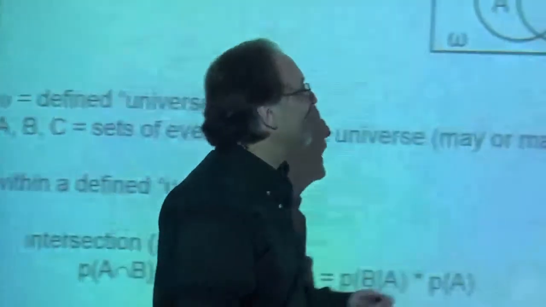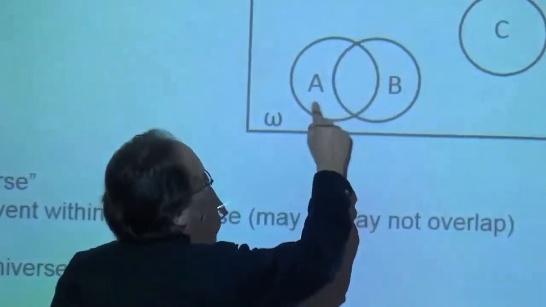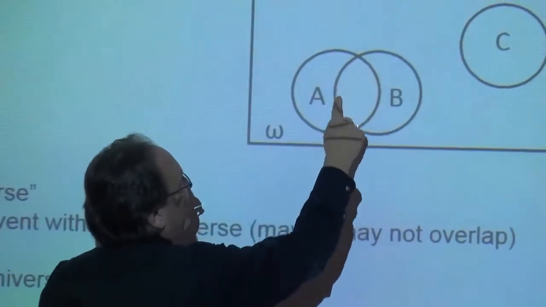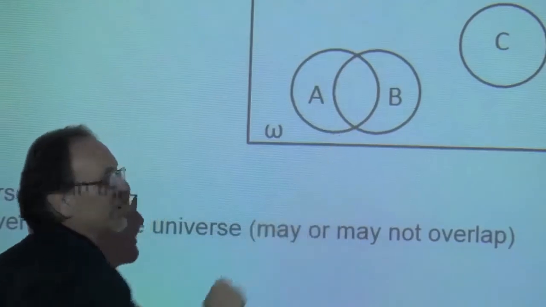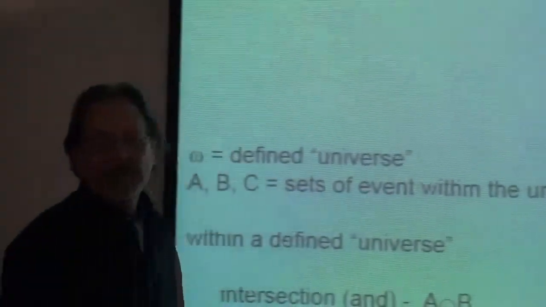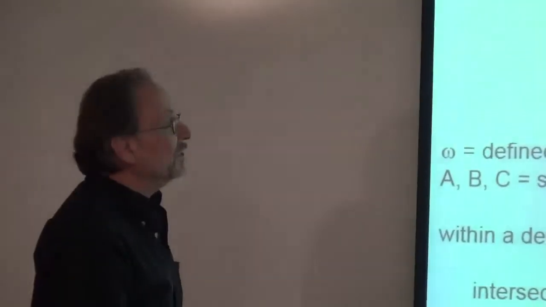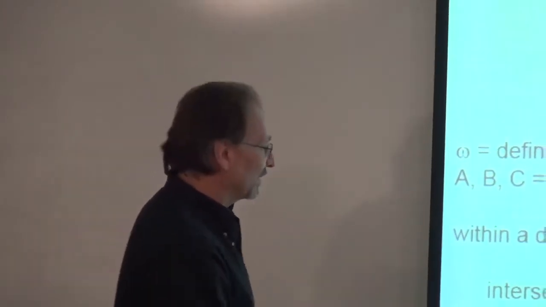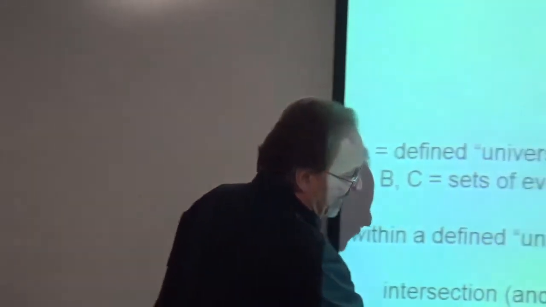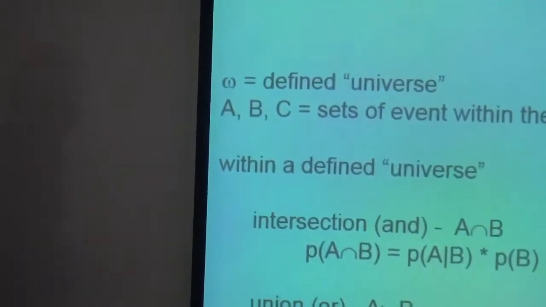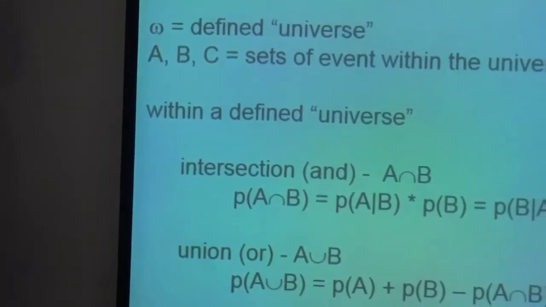Union, and so what the intersection is, as it implies, the intersection of A and B is this area right here. It's the part that they have in common. Okay. The union of A and B, and that's a Boolean or, is a U. That's the symbol for the union.